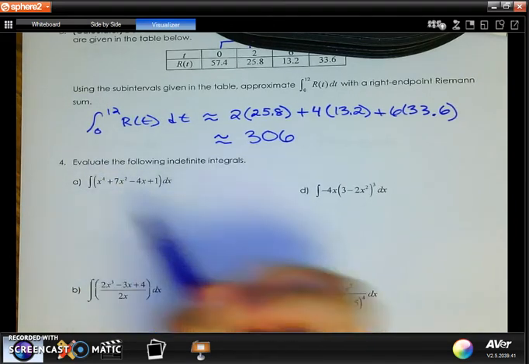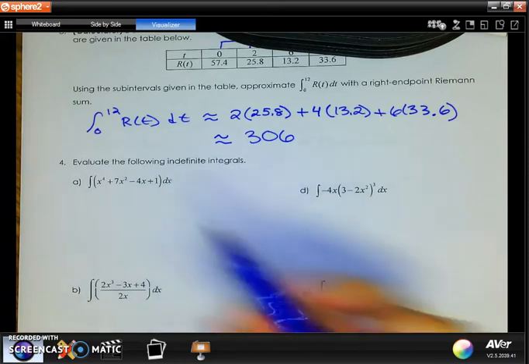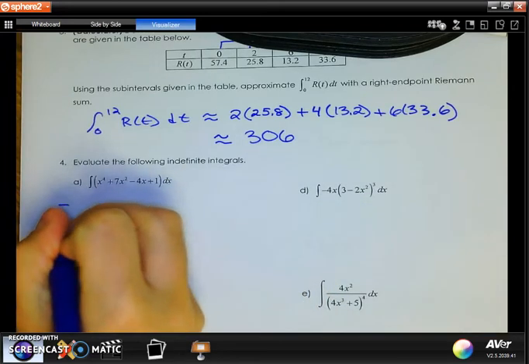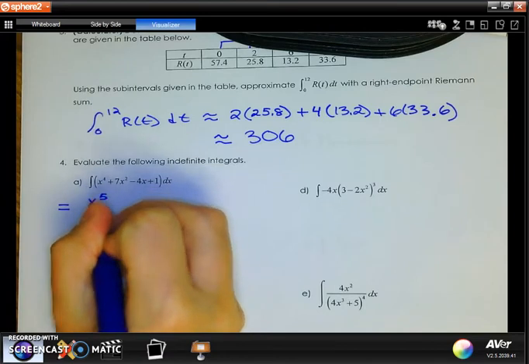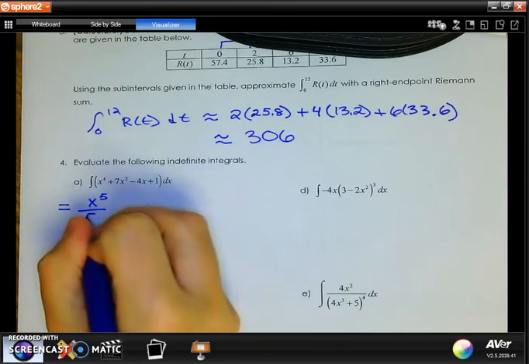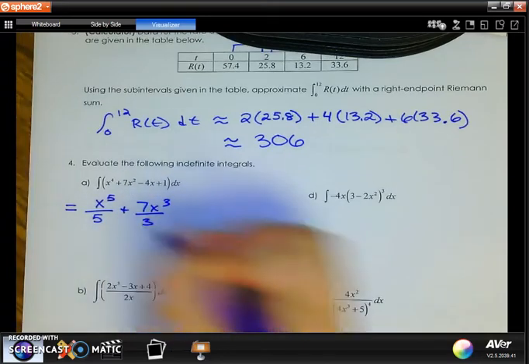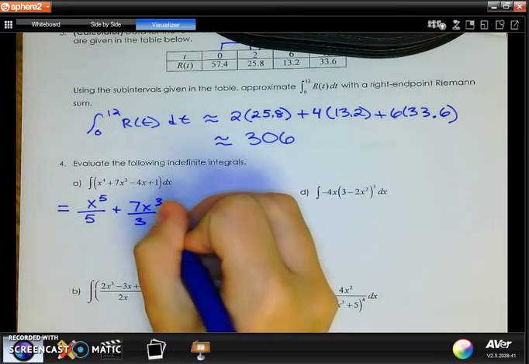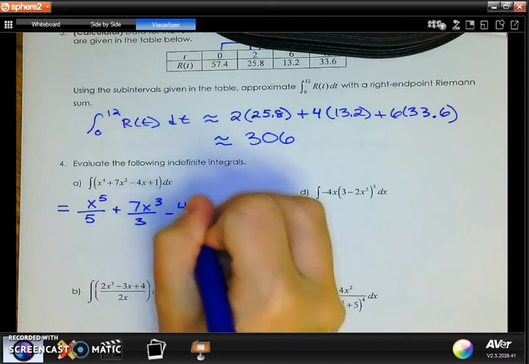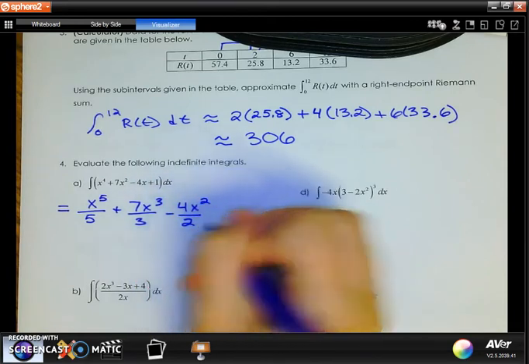These here are indefinite integrals, which means I will need the plus c at the end, so don't forget that. So for this one, you're going to add 1 to the exponent, divide by that number, add 1 to the exponent, divide by that number, and then add 1 to the exponent, divide by that number.